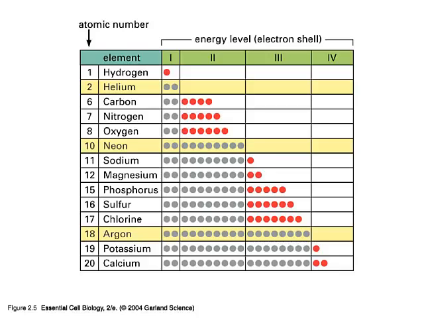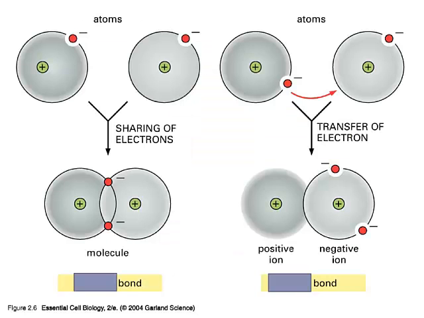Unstable, unhappy, and it wants to either share electrons, so is ionic or covalent bonding sharing electrons? Covalent bonding is sharing electrons. And ionic bonding is when you actually have the transfer. So one atom is giving up their electron, the other one is gaining it in order to achieve that happy balance of a full electron shell. Okay?